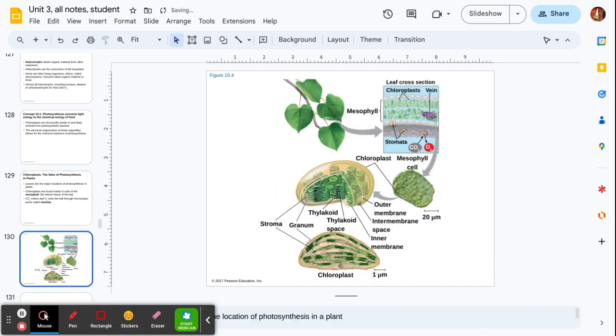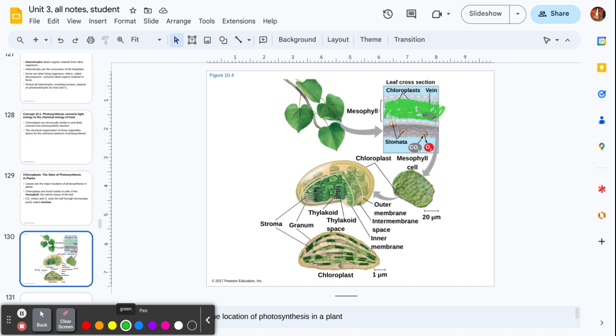Here we have our leaf, and we can look at this in more detail. The inside, the middle, is that mesophyll, and that's where our chloroplasts are located.